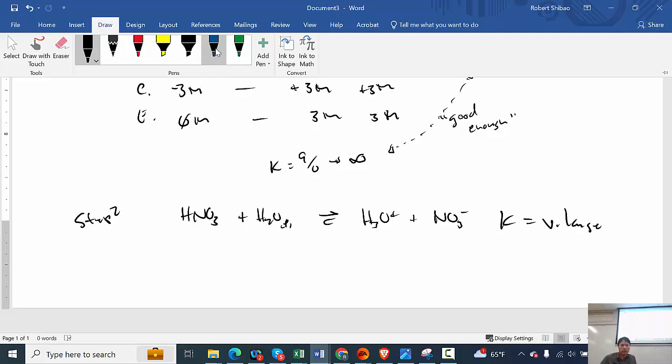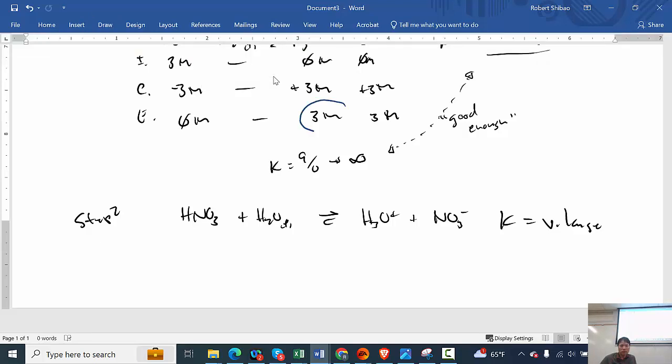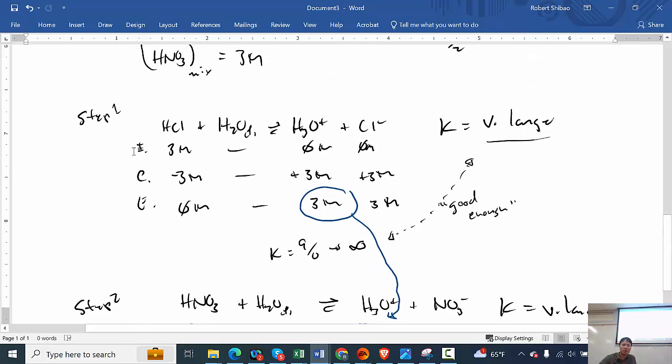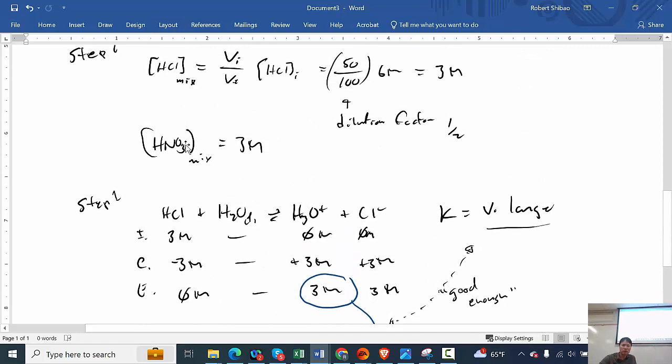So what we need to do here is pull down the hydronium that was made in step 1 down into step 2 here. And so we're going to start off with 3 molar hydronium from step 1, and then we have the 3 molar nitric acid initially here in the mixture. Now, don't get confused because I use initial here, but I use mixture here. So this initial is the initial for the mixture, not the initial for the very beginning, pre-dilution.